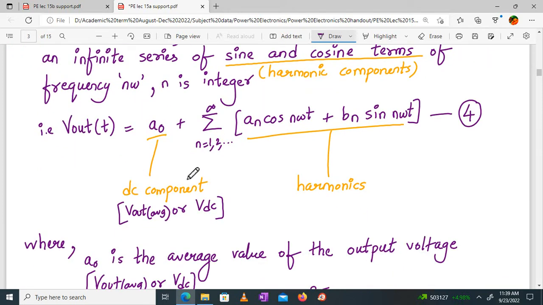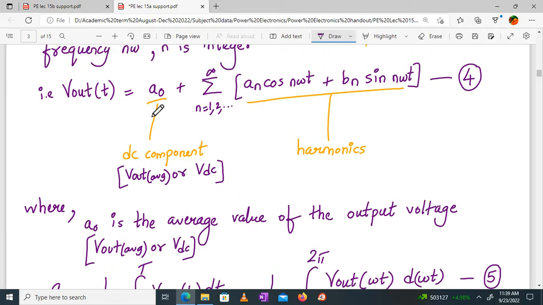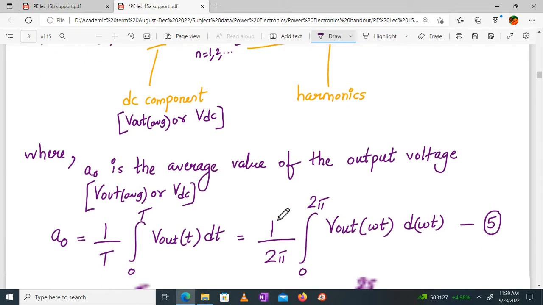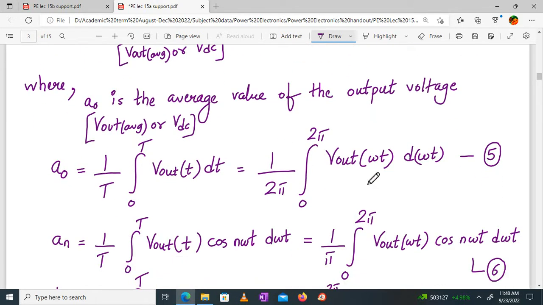So this is my DC component. This is my harmonics. So we have to analyze this to understand why the waveforms which are not periodic sinusoidal in nature contain harmonics, and which harmonics are affected. Okay. So here we have described that A0 is the average value of the output. So A0 is described in the following manner.